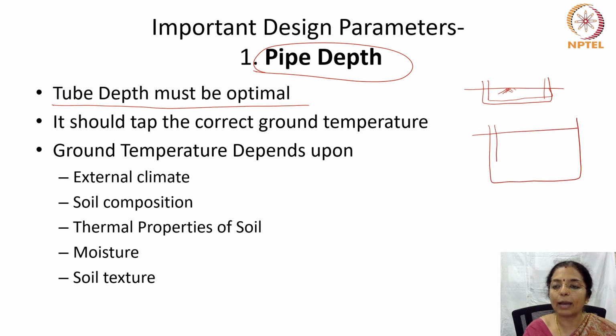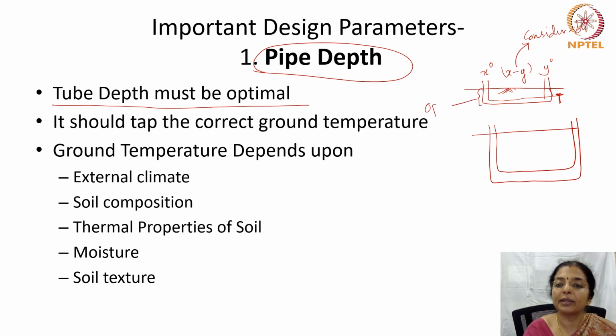What will happen when you have a very shallow depth of the tube? The temperature here may not be appropriate for you to have a considerable difference between x minus y. So this temperature difference has to be considerable. If it has to be considerable, then the depth of the soil has to be optimal.